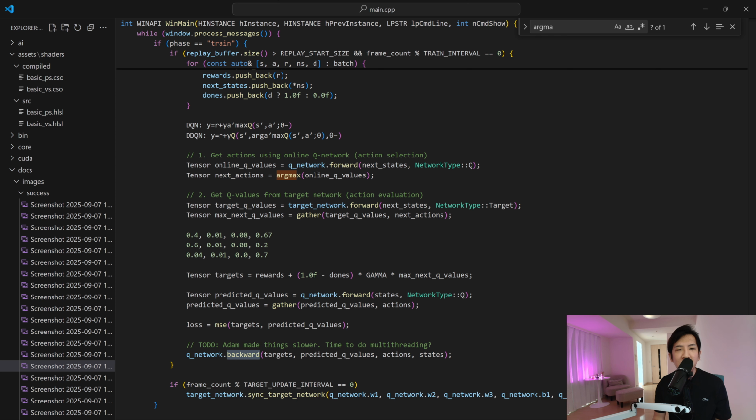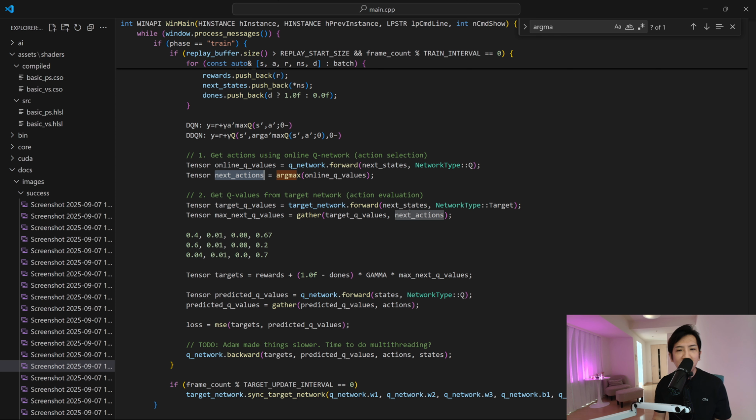So I have two neural networks, and I use this Q network to first select the best actions for the next step, which could maximize the reward the AI can gain. I do that using the Q network, and the next best actions are selected, and I use that to evaluate the Q values.